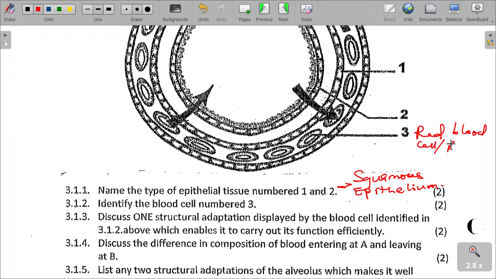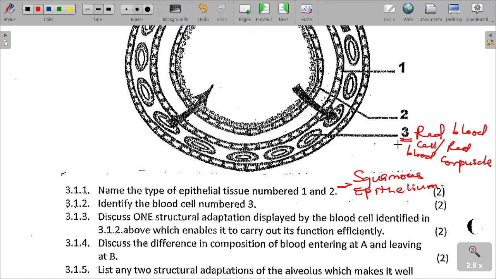Some can say red blood. That is number 3. You understand?